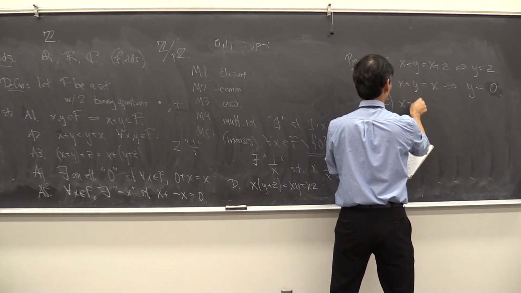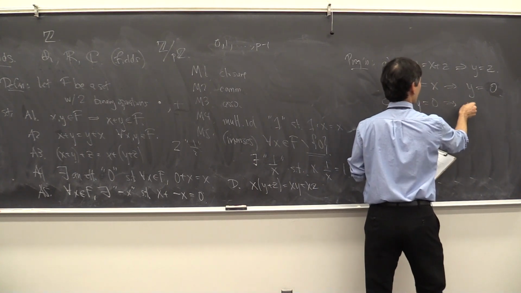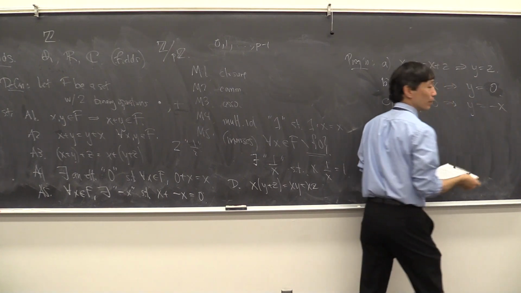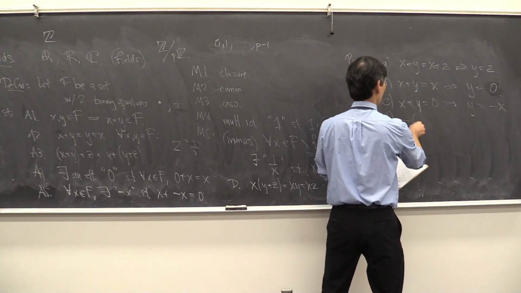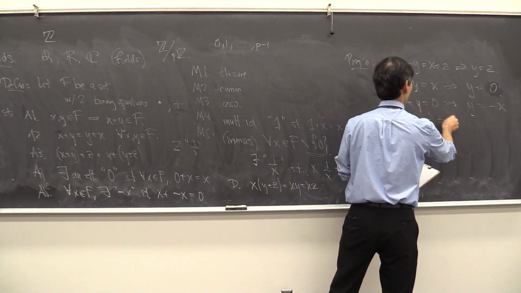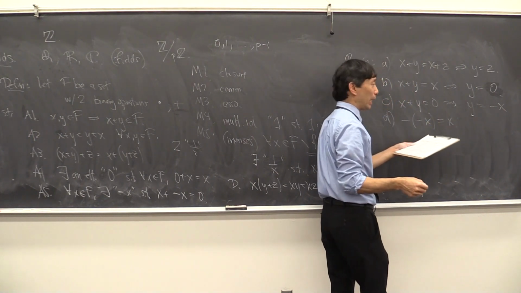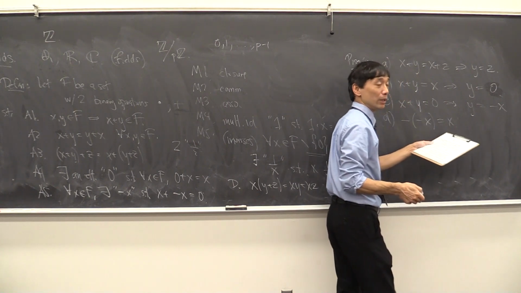If you have x plus y equals 0, then y must be the inverse of x. And the additive inverse of the additive inverse is the original thing.